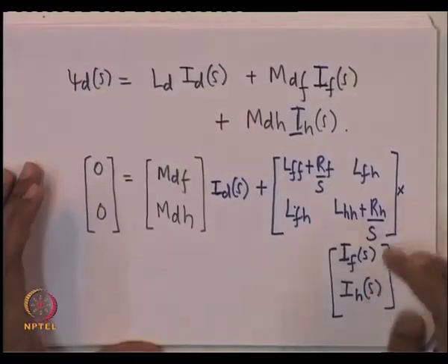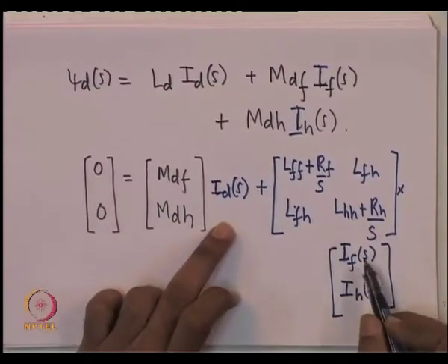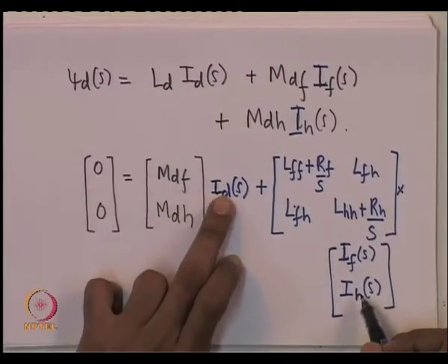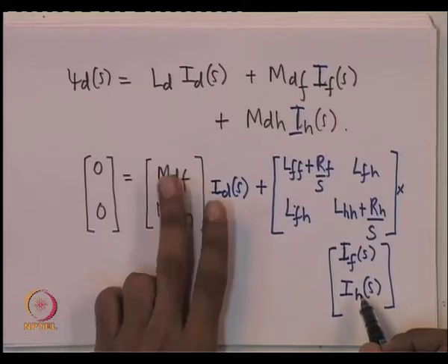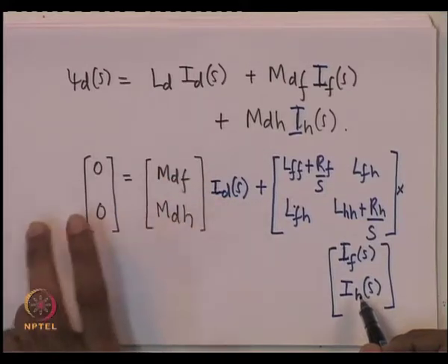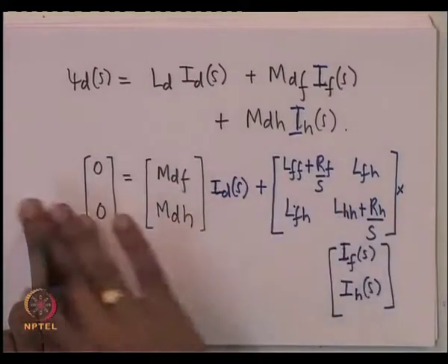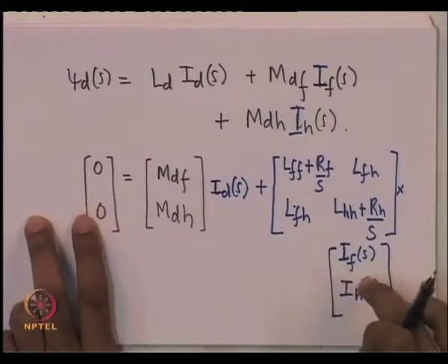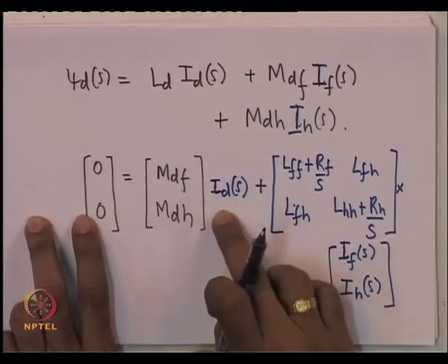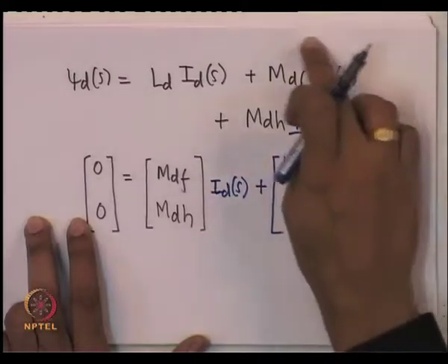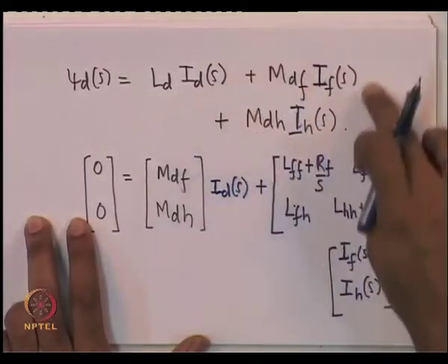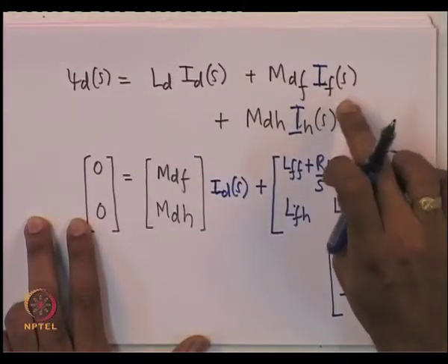So, if you focus on this equation which I have, to get I f and I h in terms of I d, I will have to take this term onto this side, then invert this matrix and write I f and I h in terms of I d of s and substitute here. Okay. So, I have to substitute for I f and I h.